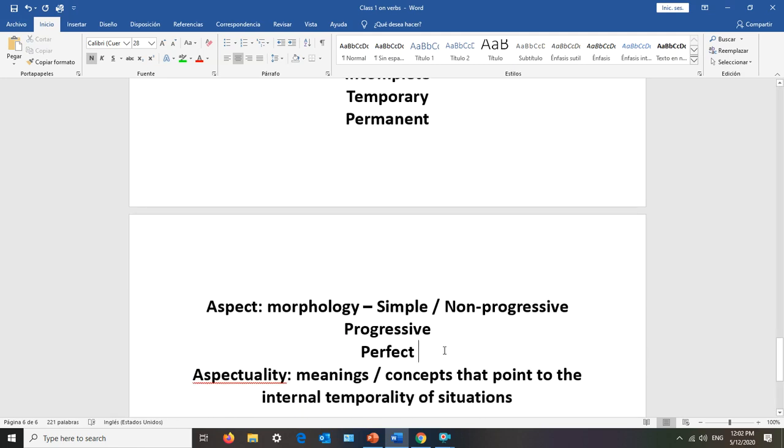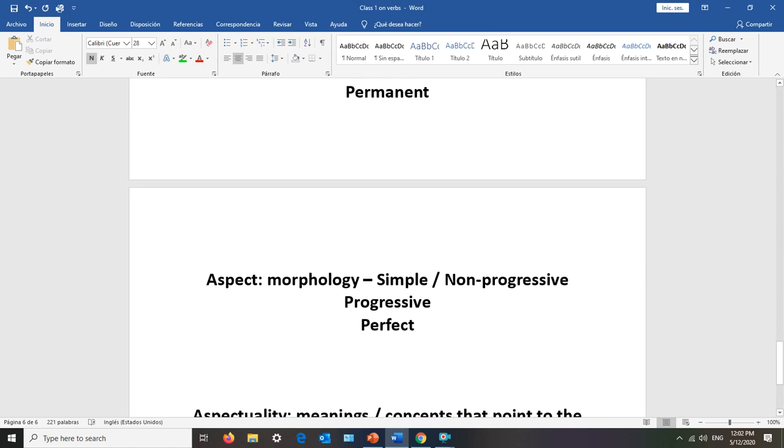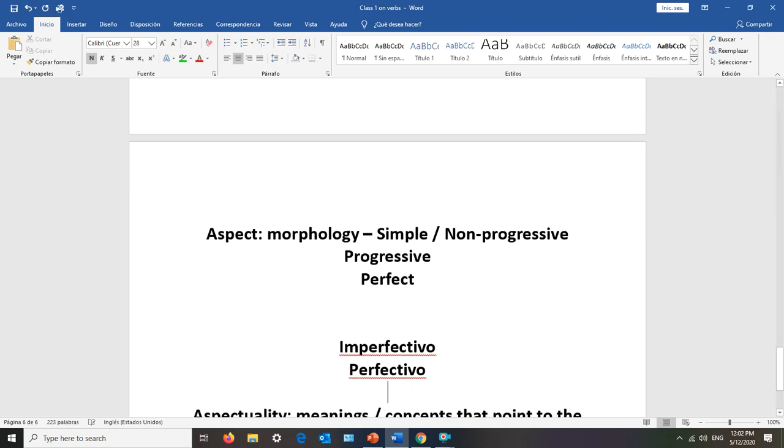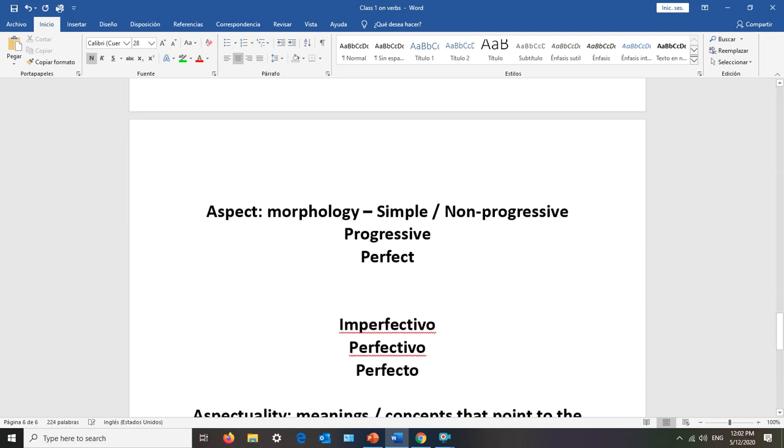And for Spanish, we use aspecto imperfectivo, perdón, perfectivo y también perfect.